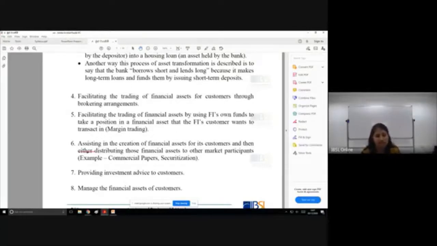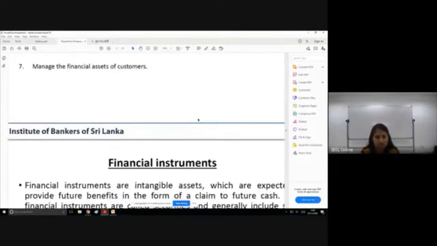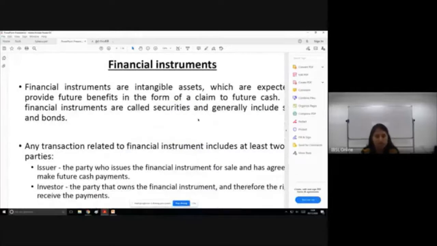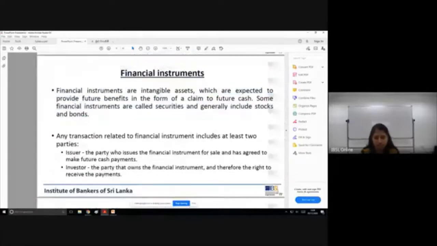Sometimes you might say, okay, why do you have such funds being idle? Why don't you invest in this product? So certain advisors, and you will help them to manage their assets with that advice. Okay, so these 8 are the main functions when it comes to financial intermediaries. Next, we move to financial instruments.